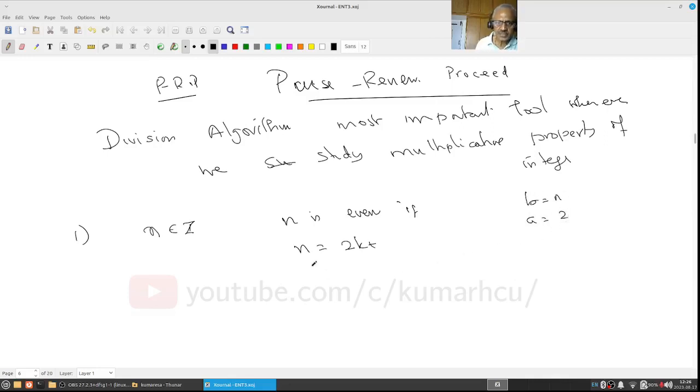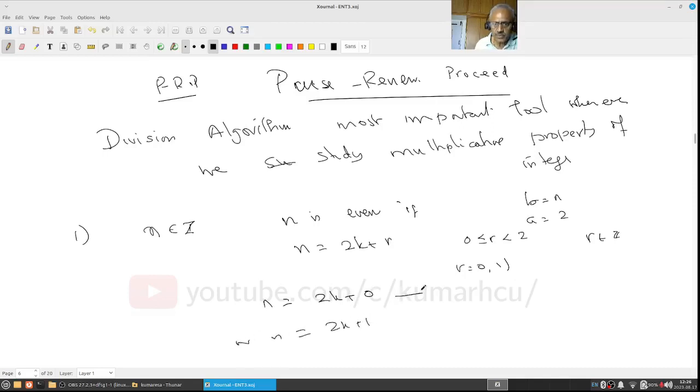Using the division algorithm, I can write n equal to 2k plus some r. But what is r? 0 less than or equal to r, r should be less than 2, and r is an integer. Therefore r must be either 0 or 1. Therefore n is of the form 2k plus 0 or 2k plus 1.